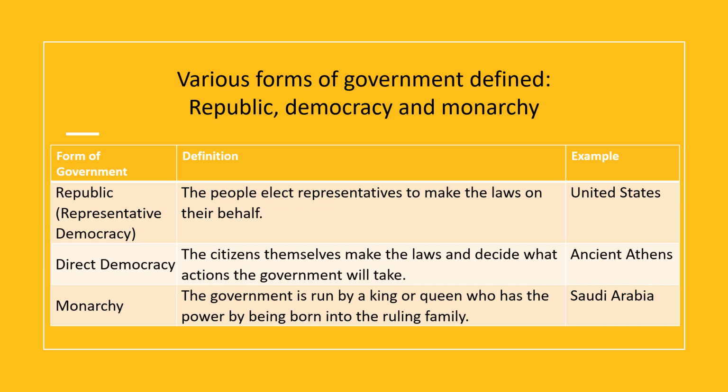In a direct democracy, the citizens themselves make the laws and decide what actions the government will take. This approach to democracy was practiced in ancient Athens, although there are pockets across the United States and in other countries where the people experience direct democracy in a limited way.